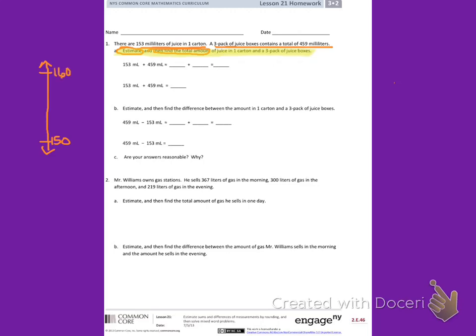The halfway mark is 155. When plotting the number 153 on the vertical number line, it would fall about here. Looking at the vertical number line, it's easy to see that 153 rounds to 150.